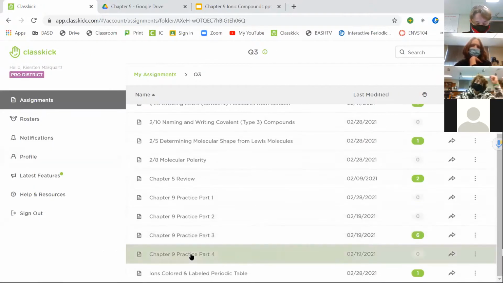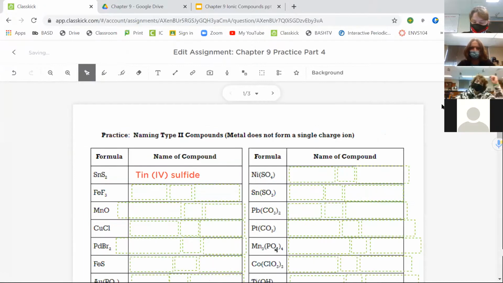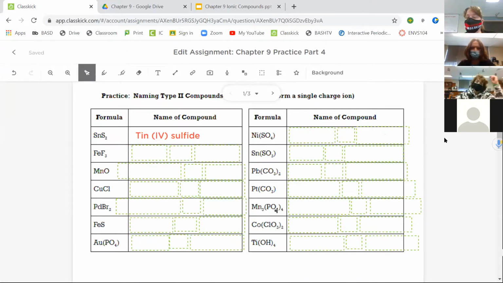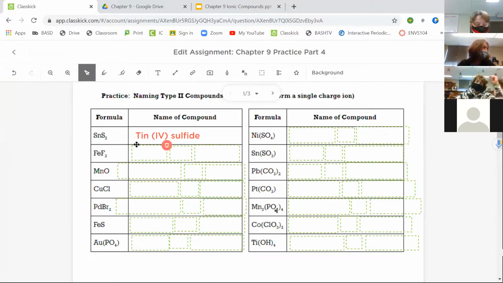If you've not finished part 3 yet, you need to finish that first. In this section, these are all type 2, so you will need Roman numerals. I've put in 3 different boxes: a name for the metal, the Roman numeral, and then your anion. So you can begin working through those.